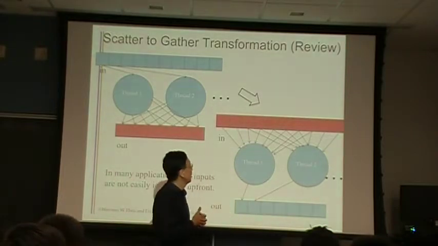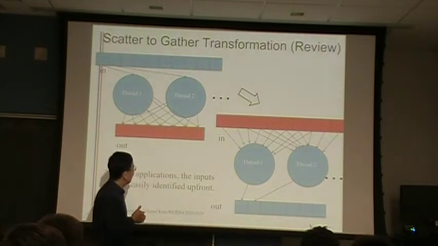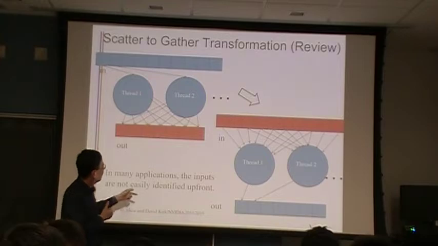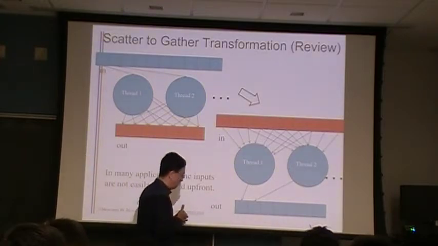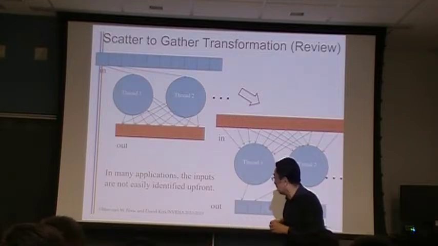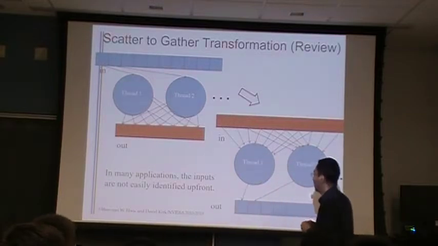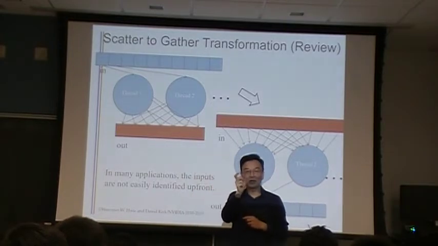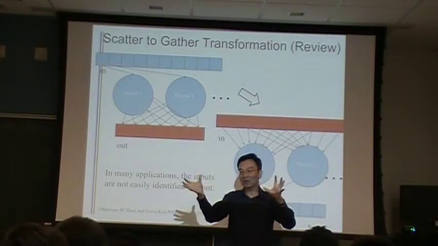But here, we have something similar. In many applications, the inputs are not easily identified upfront. For the binning applications, at least when we look at the data, we can say, okay, these are the inputs that will be used by certain threads.